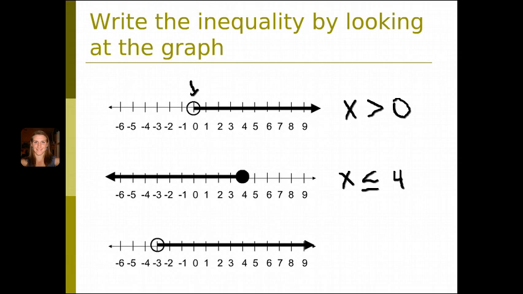Third example, variable on the left, starting number on the right. Our shaded area goes to the area that is greater than negative 3, and it is not included, so we just leave the symbol as is.